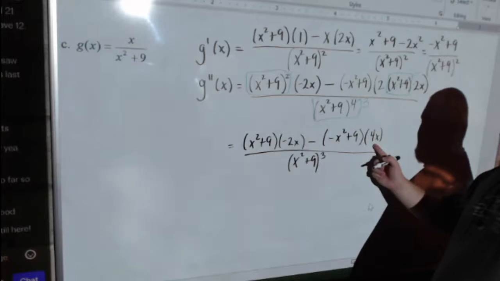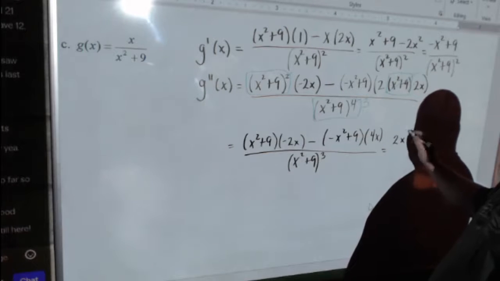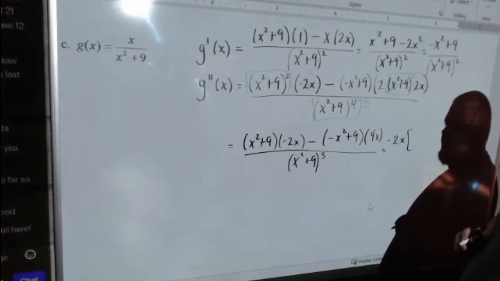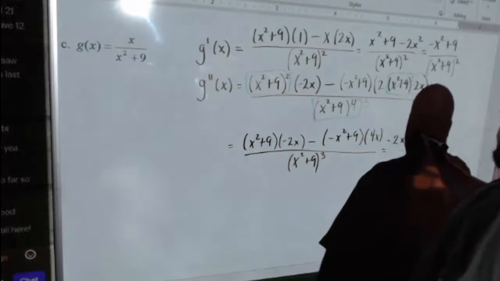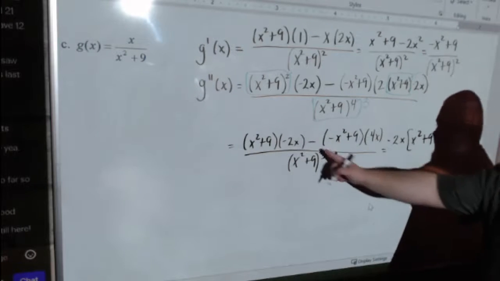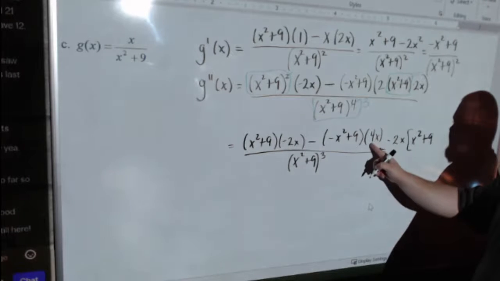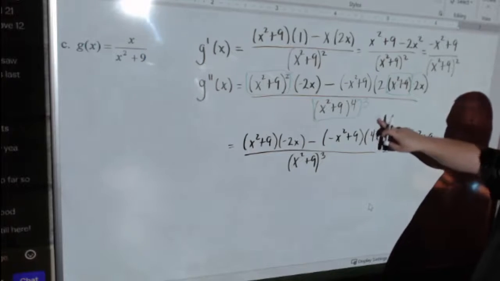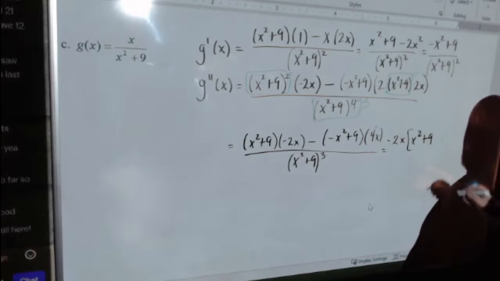I'm going to go ahead and take out a 2x out of everything. Actually, I think I'm going to take a negative 2x out. So if I factor out a negative 2x here, I'm just left with x squared plus 9. And if I take a negative 2x out here, I still have a 2 left behind. That's going to make this plus, and these two things multiplied by 2.